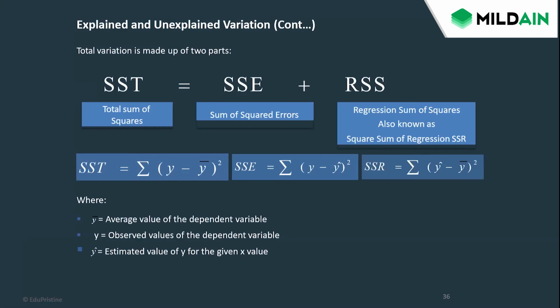This is the explained and unexplained variation among my data set in my equation.